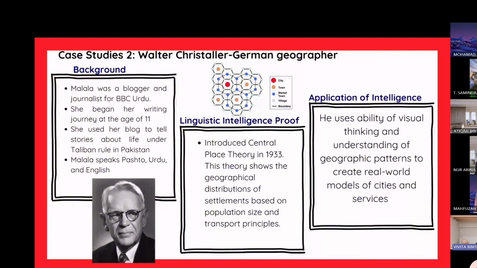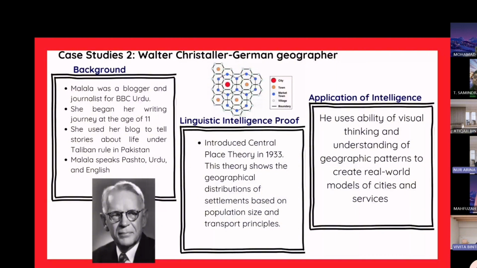This groundbreaking theory helped us understand the geographical distribution of settlements like cities, towns, and villages, based on factors such as population size and transport physics principles. You can see a visual representation of this hexagonal pattern in the diagram on the slide.